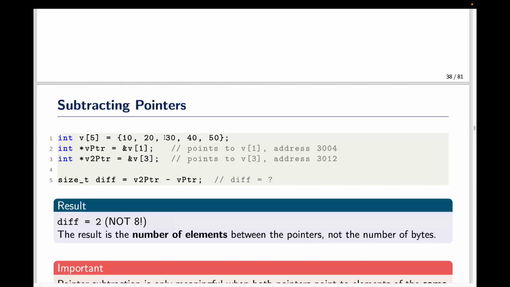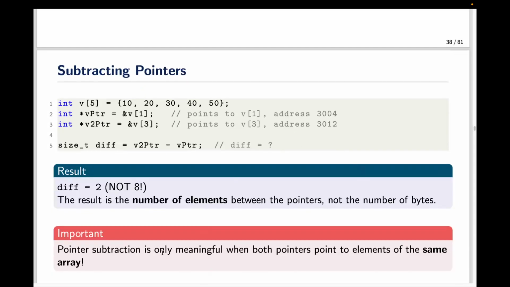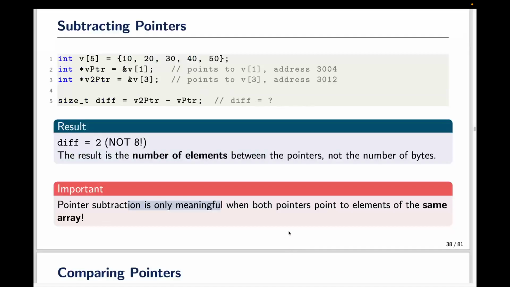So the difference between them is actually 8 bytes because integer is the data type over there. But for you, the difference is just 2 because 3 minus 1 is equal to 2. So the difference is 2, not 8. The result is the difference of elements between the pointers, not the number of bytes. Remember, the calculation for the number of bytes is done by the compiler. So pointer subtraction is only meaningful when both pointers point to elements of the same array.